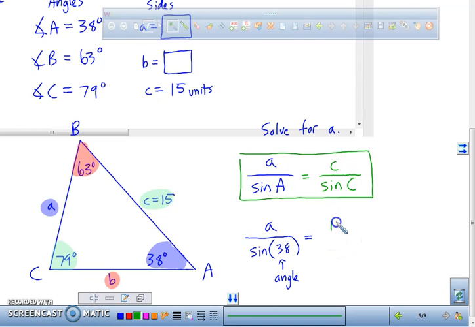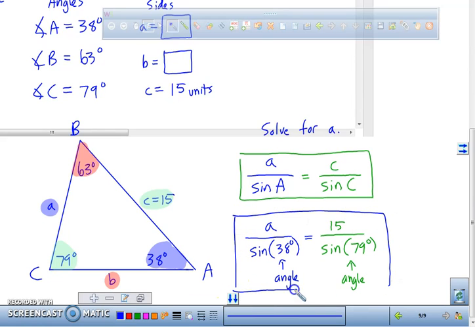So we put 15 for lowercase c. And I'm going to put the sine of angle C. What's angle C equal to? 79. And in the graphing calculator, you don't have to put the little degree symbol. I'm just putting it right there so you understand that that's referring to the measure of the angle. All right, there's our first proportion.